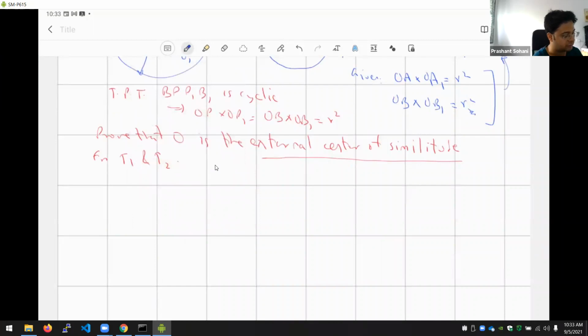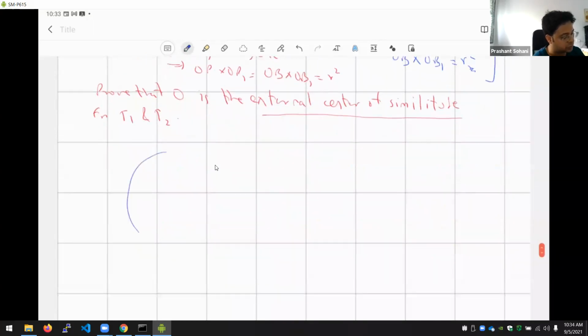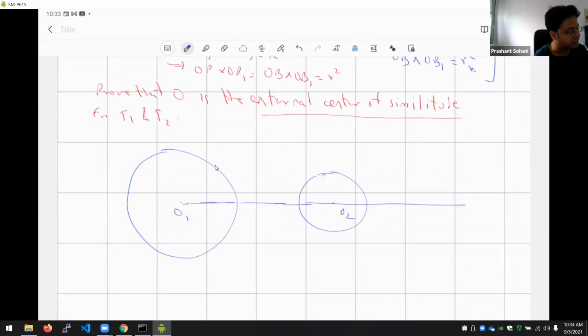Maybe some basic theory that we need to know. If you have any two circles with centers O1, O2 and some radii R1, R2, we all know that we can draw common tangents to these two circles, external and internal. Suppose I draw the external common tangent to both circles.